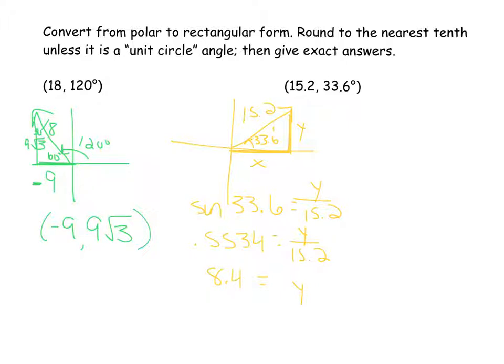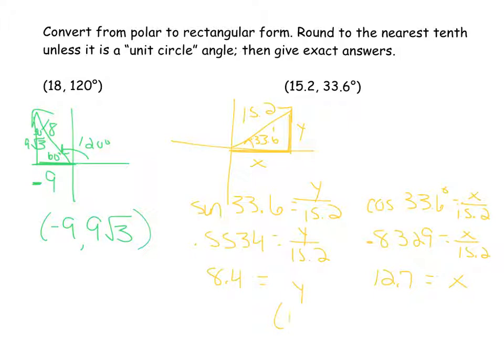Then I'm going to do the same thing with the cosine of 33.6 degrees. That's going to be x over 15.2. Use my calculator, 0.8329. I multiply both sides by 15.2, and I get x is approximately 12.7.